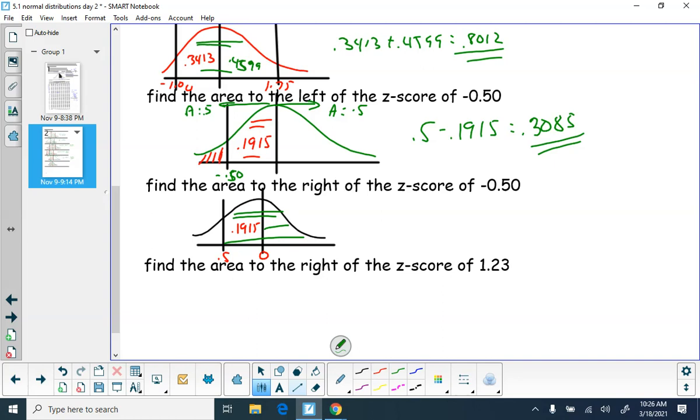This area is 0.1915. What's this area over here? Add them together. So I'm going to take the 0.1915 and add it to 0.5. Once again, show me what you're doing here. So we have 0.6915 would be that area.